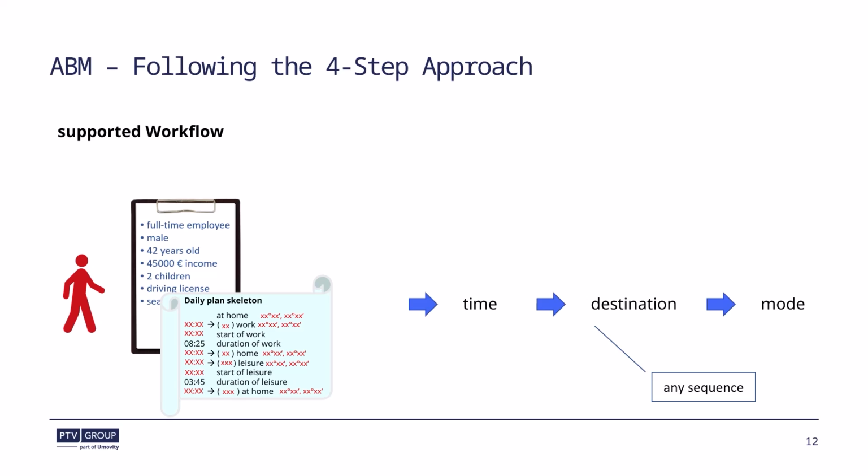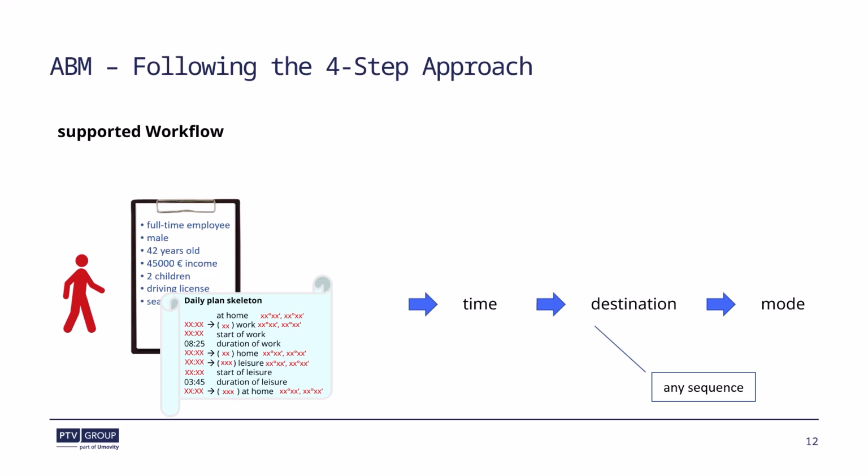That means it consists of concrete persons with certain characteristics and with a daily plan skeleton. Skeleton means here it's a complete daily plan, just without those items which should be chosen later by the model. That means without start times, end times, without destinations, and without modes.